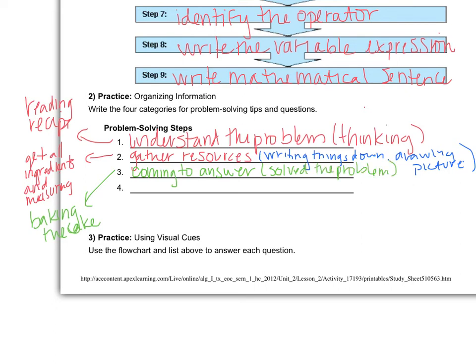But you're not quite done, because when you bake something, yeah, you taste it beforehand, but you want to taste it again when it's out of the oven. You want to make sure that it looks good. So the fourth step is to check your answer and present the solution.